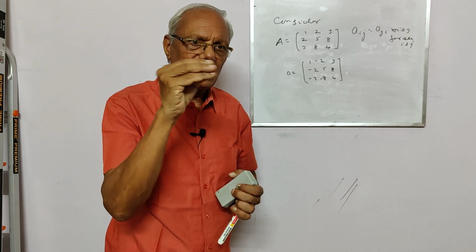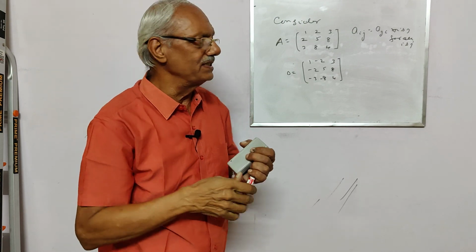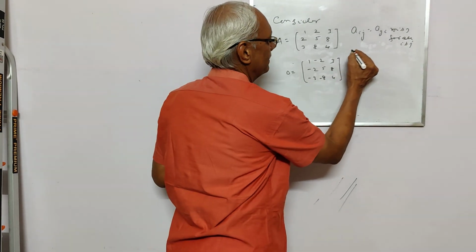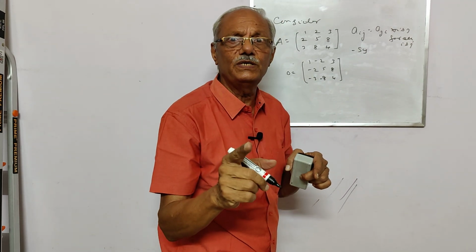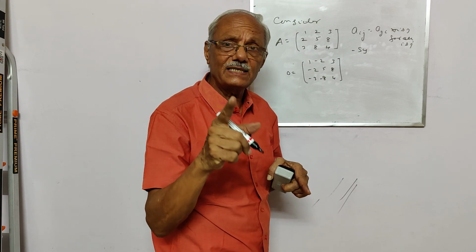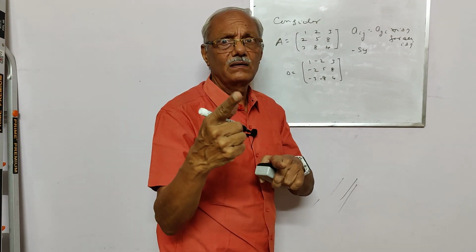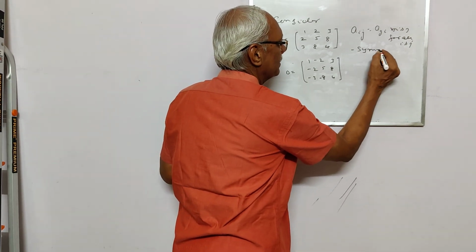A symmetric matrix is one in which Aij is equal to Aji for all i and j. And a symmetric matrix has to be necessarily a square matrix. So you see that's symmetric.